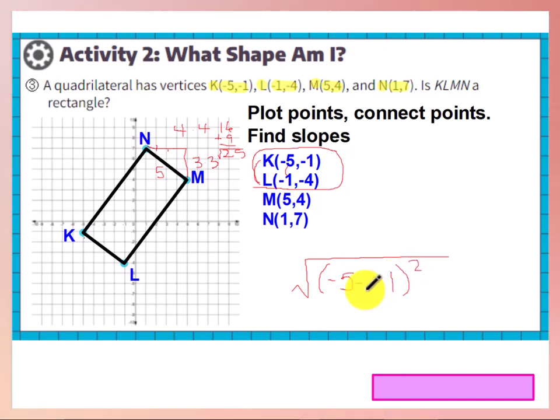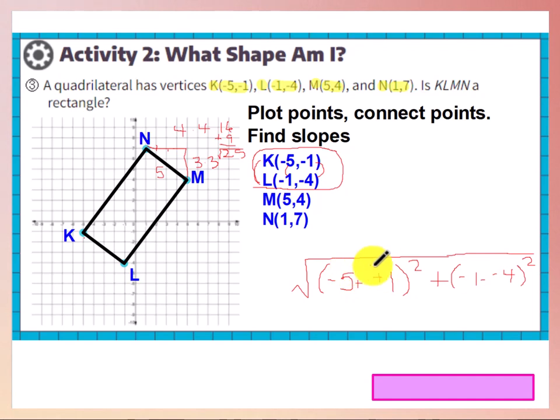Once we find the difference, we're going to square it. We're going to add it to the difference of our y's, -1 minus -4, and then we're going to square that. Remember, 2 negatives, you take away the negative, it becomes positive.